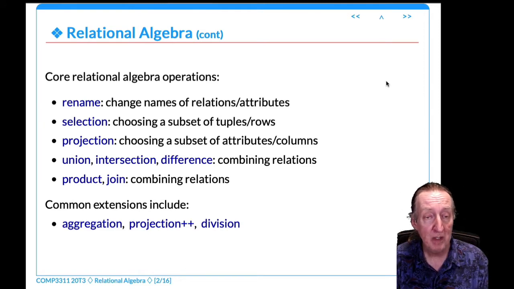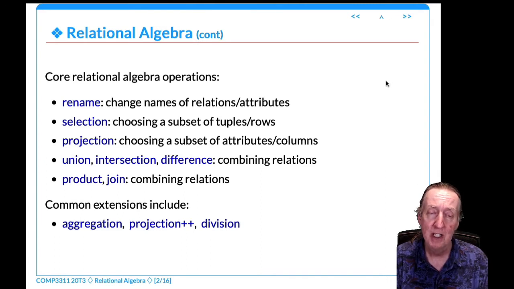Rename allows you to change the name of a relation or to change the names of the attributes. It doesn't change anything else about the relation, just the name. Selection allows you to choose a subset of the tuples in a table. Projection allows you to choose a subset of the columns in a table.